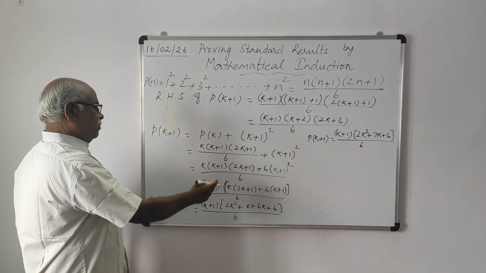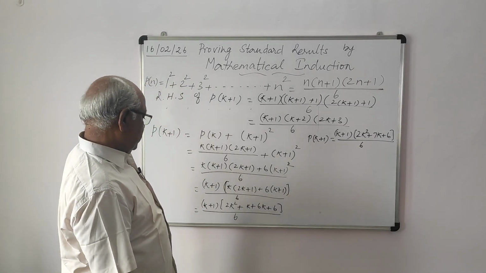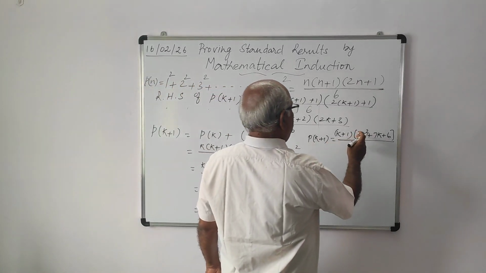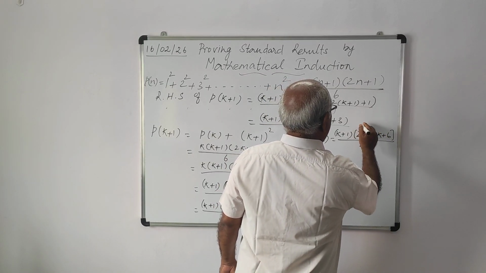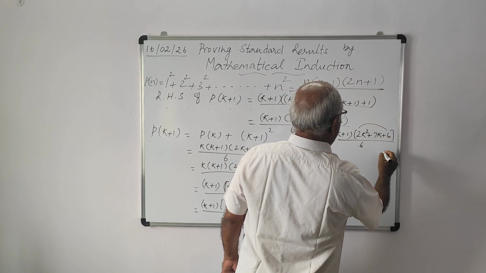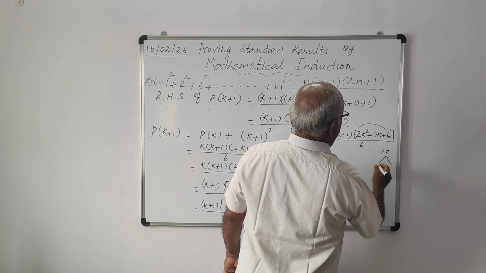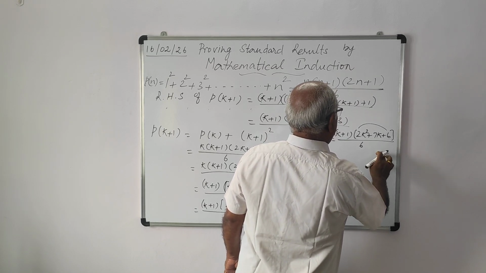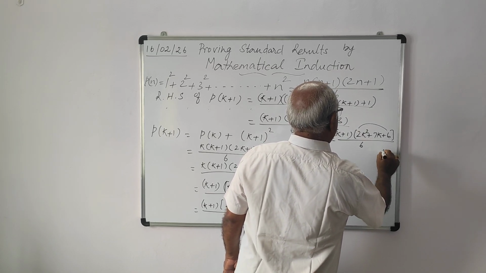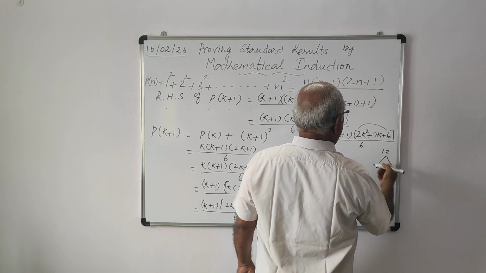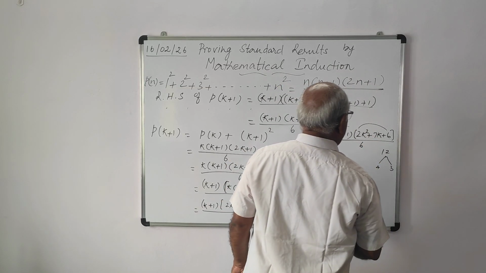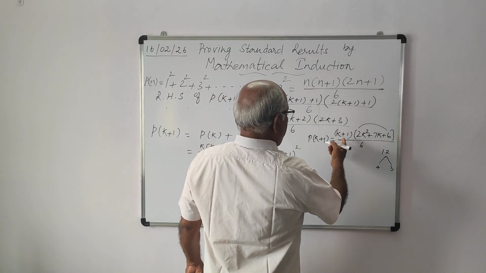This 2k square plus 7k plus 6 you can factorize. If you multiply these two, 2 into 6, you will get 12. Split the 7 into two factors, 4 plus 3 is 7, and 4 into 3 is 12.